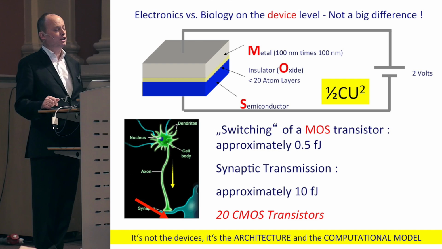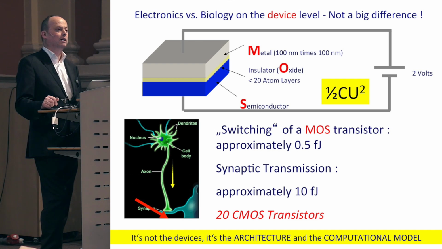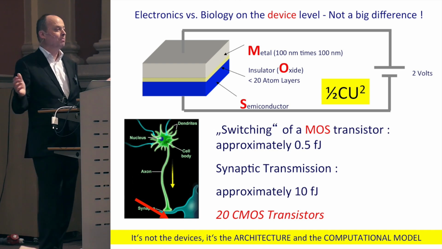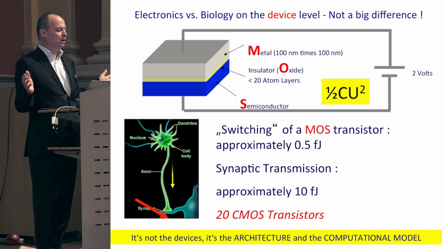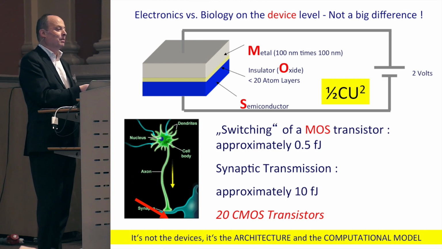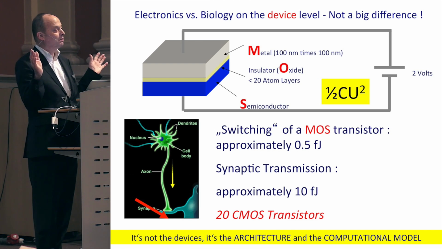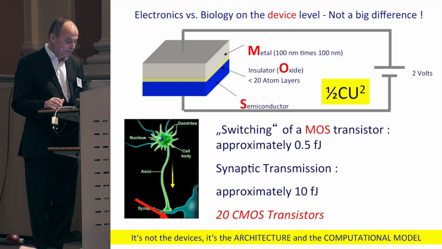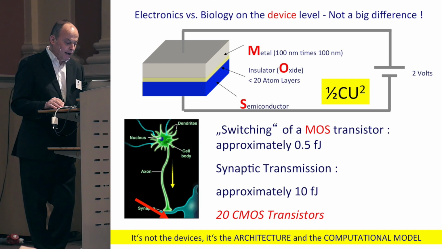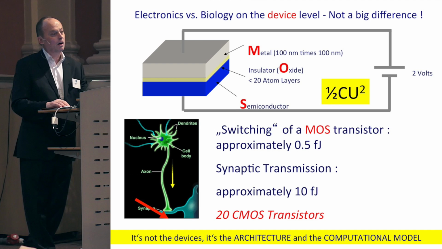Electronics is wonderful. It's just the way we use electronics for brain simulation that is horribly inefficient, because what we do is simulate the things that happen in our brain by solving differential equations. And we want to do that with a certain precision, and that's just very, very expensive in the von Neumann architecture. And it's not the devices, it's the architecture and the computational model. I think that's very much understood.